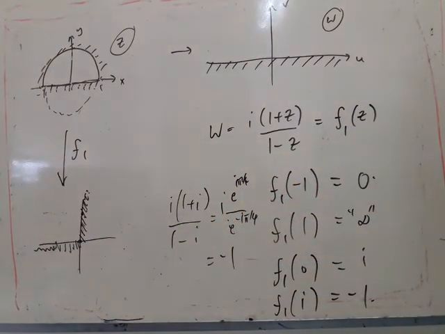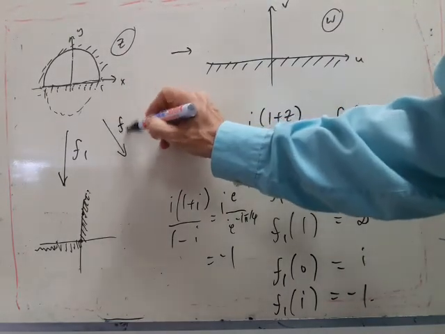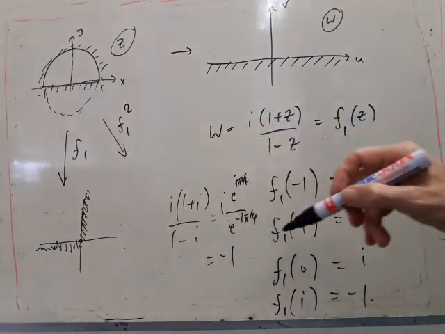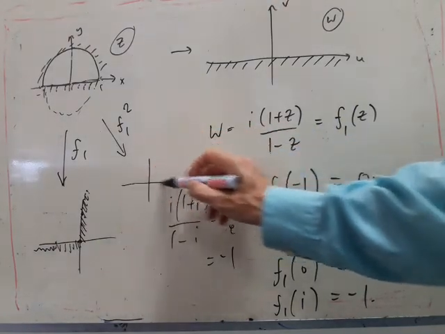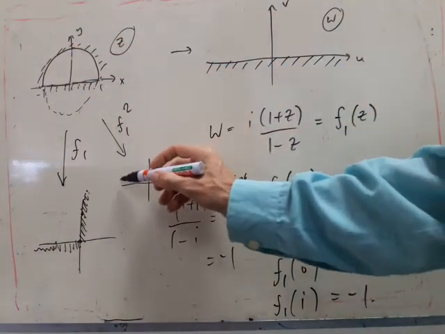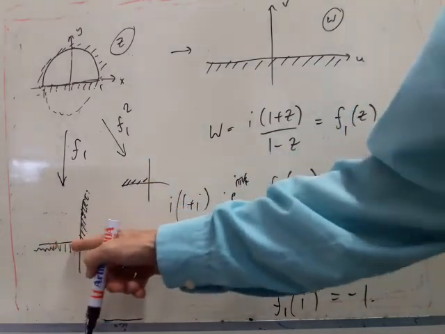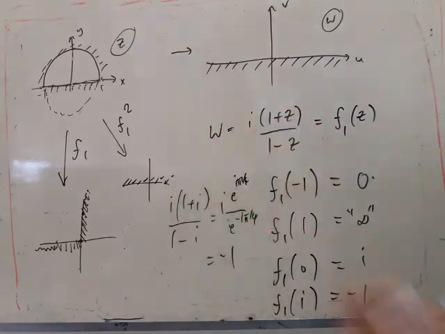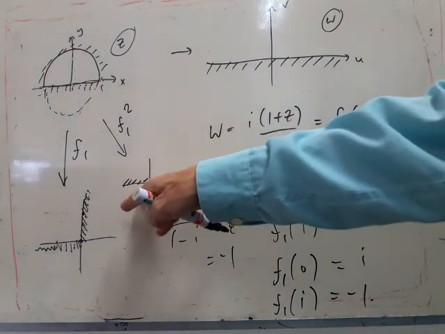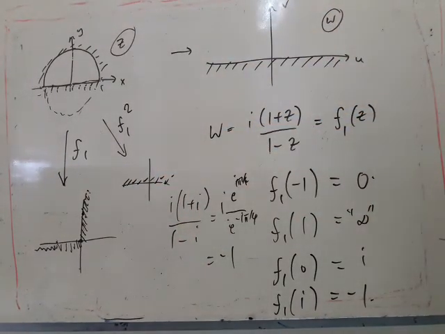So if I consider F1 squared, this line here will instead get mapped to here, and this thing here will instead get mapped to here. So finally, what I actually want is not the lower half plane, but the upper half plane. So I just multiply everything by minus 1.